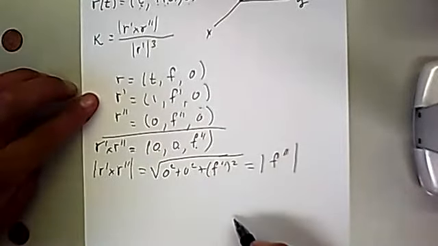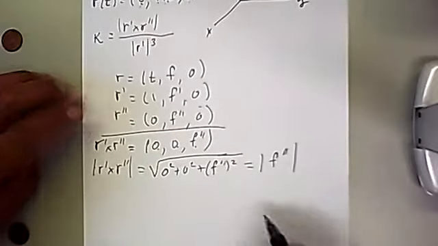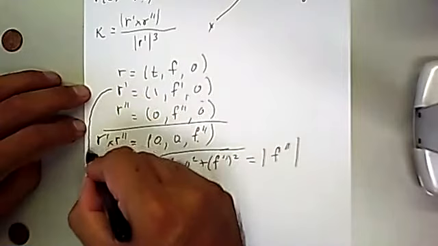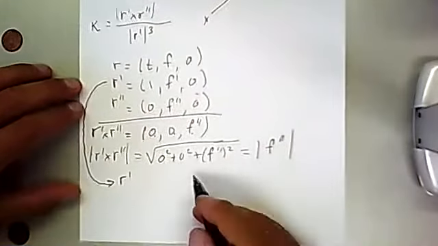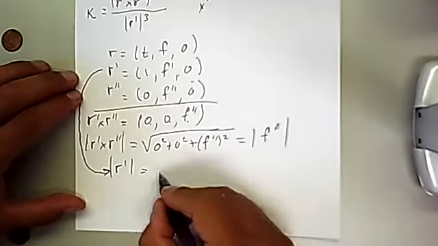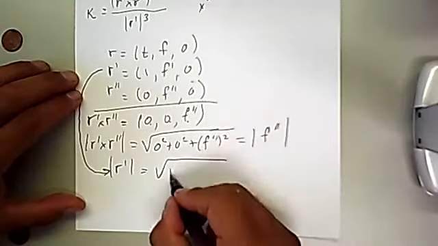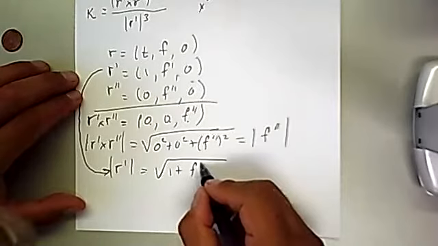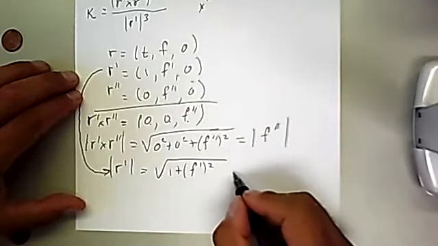The magnitude of R prime, on the other hand, we're using this guy to figure R prime. The magnitude of that will be the square root of 1 plus f prime squared plus 0.